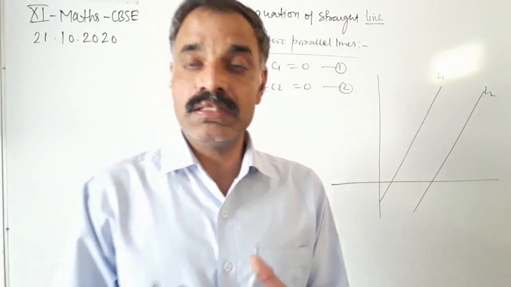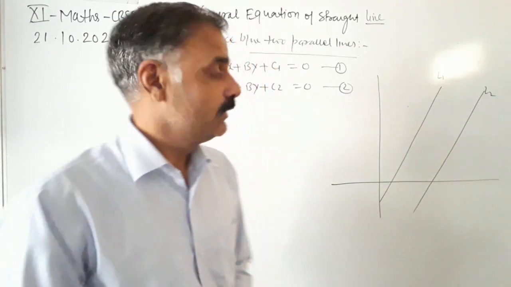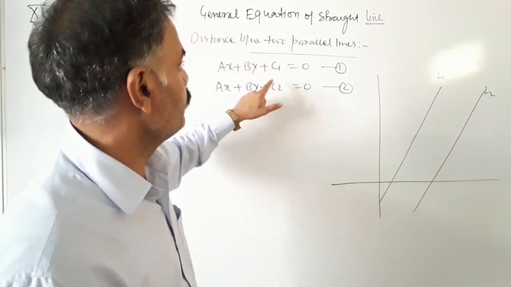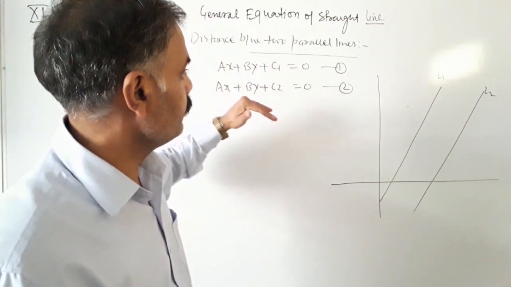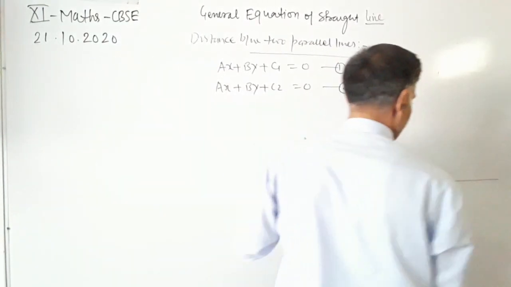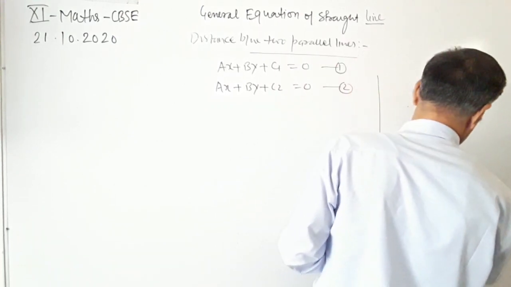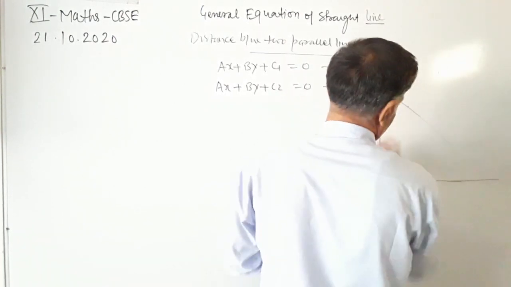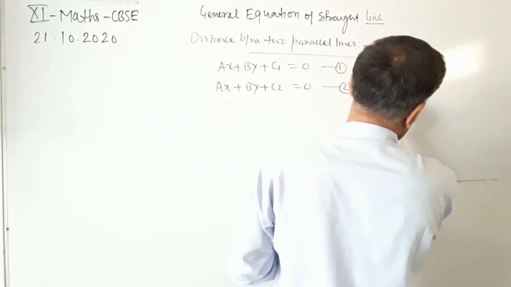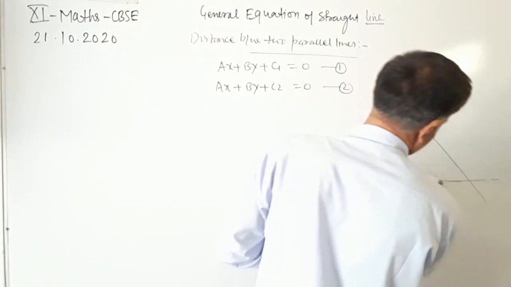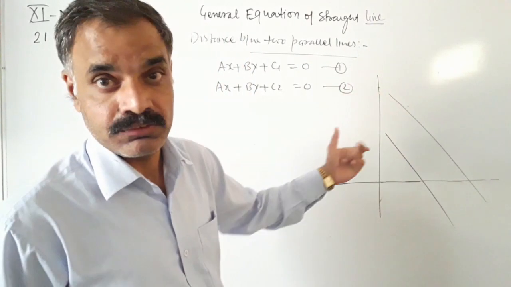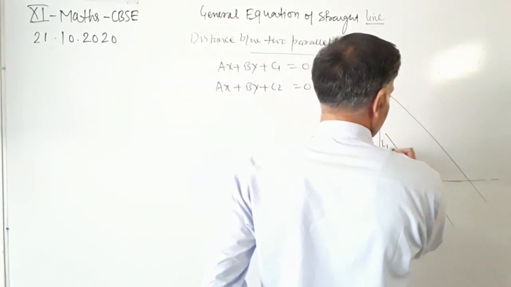Actually the diagram should be like this. This is the first line, this is the second line. They will also intersect the y-axis.